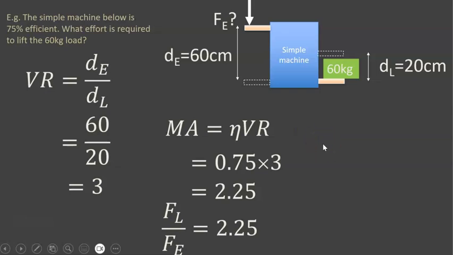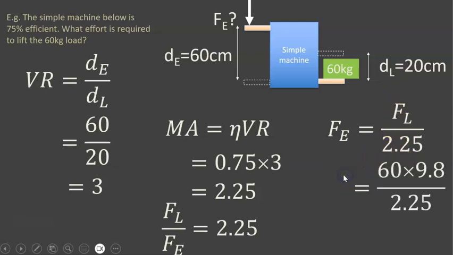Using the form of mechanical advantage, the ratio of the load over the effort and forces is equal to this reduced mechanical advantage because of that inefficiency. Rearranging, the effort required is the load divided by that mechanical advantage. The load was 60 kilograms times 9.8, bringing us to an effort required of 261 newtons.